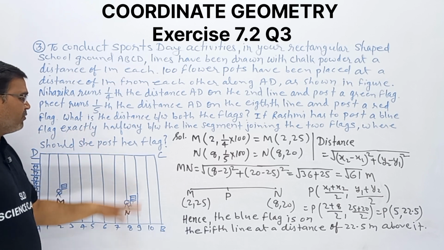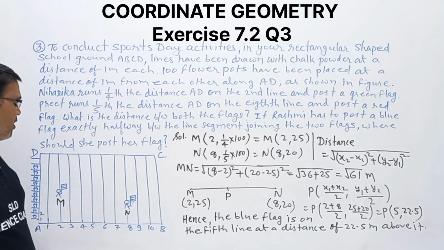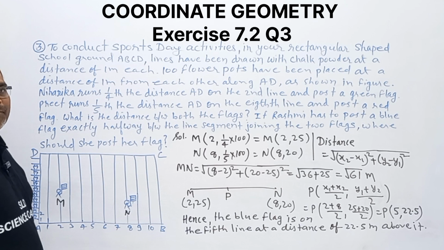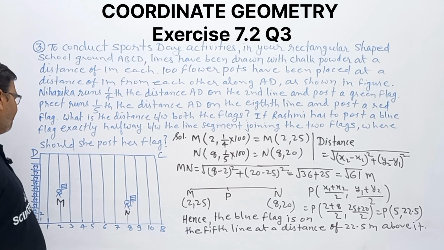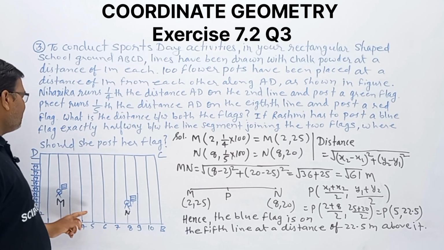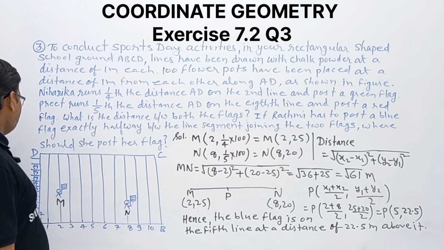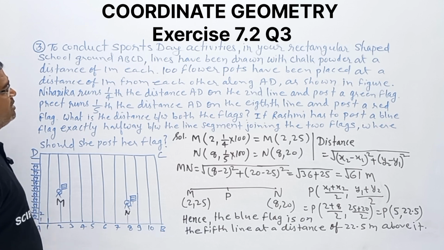So we have one rectangular shaped school ground ABCD in which lines have been drawn with chalk powder at a distance of 1 meter each. Each line is at a distance of 1 meter, and along AD we are putting flower pots, and each flower pot is at a distance of 1 meter. Clear?